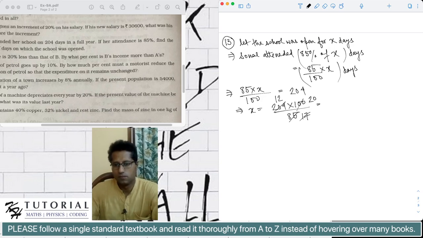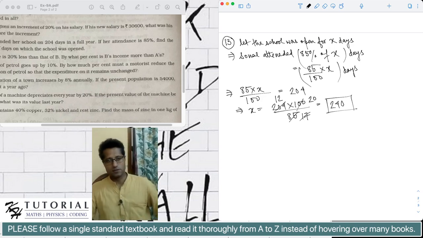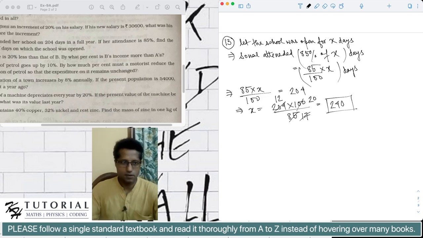So this is equal to 240. X is 240. Okay. So the total number of days the school was open was 240, and out of these 240 days, Sonal attended 204 days, which is 85%. Okay.